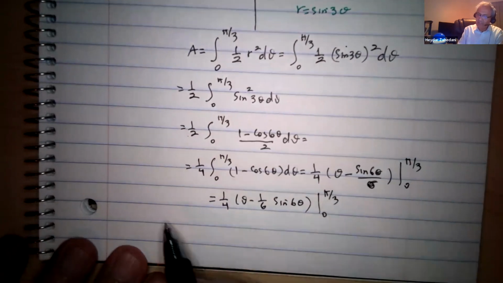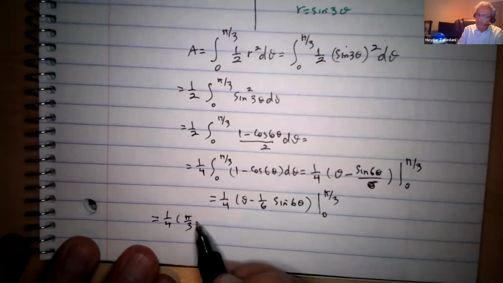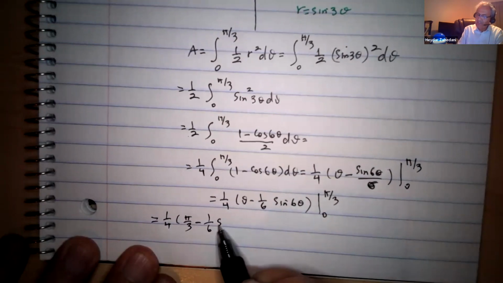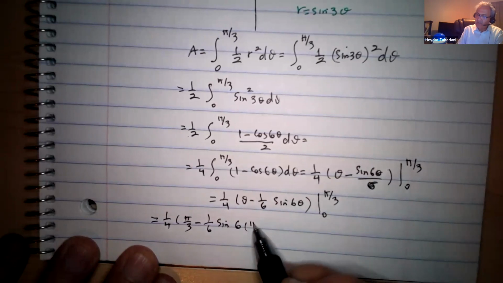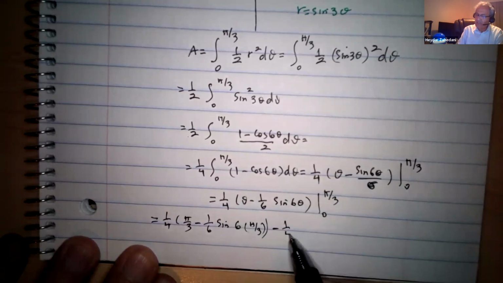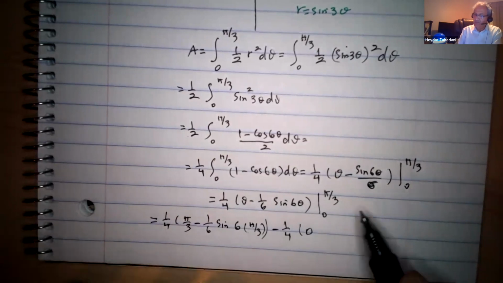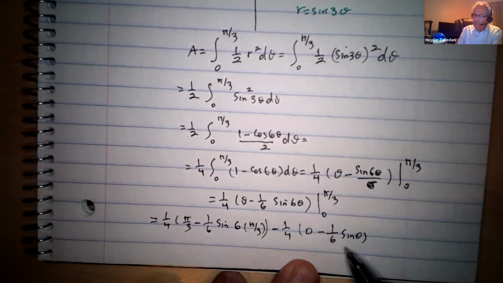Substitute: if you put the pi/3, that gives you 1/4 of pi/3 minus 1/6 the sine of 6 times pi/3. If you put the 0, everything would be 0: minus 1/4 of 0 and 1/6 the sine of 0, which is 0.